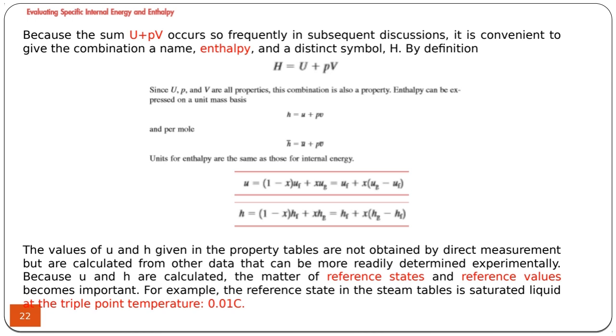So as a matter of fact, it was not necessary to give you the enthalpy because you could calculate it. But for the sake of practicality, the table also provides you with enthalpy. Enthalpy, as I said, is a combination property, and it's the total energy of a fluid, which consists of internal energy plus the flow work.